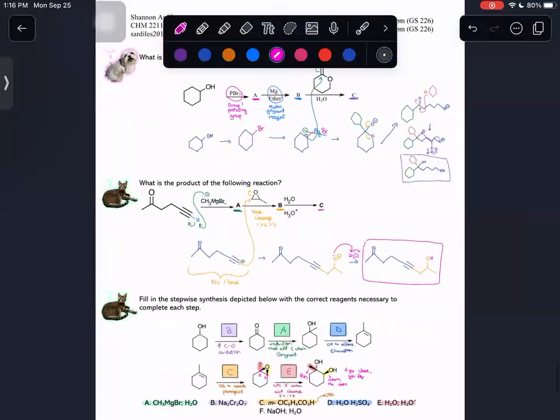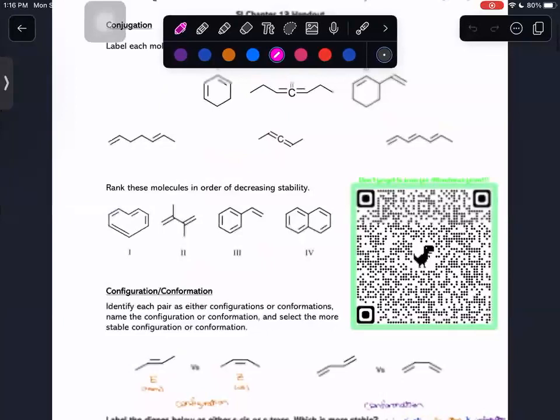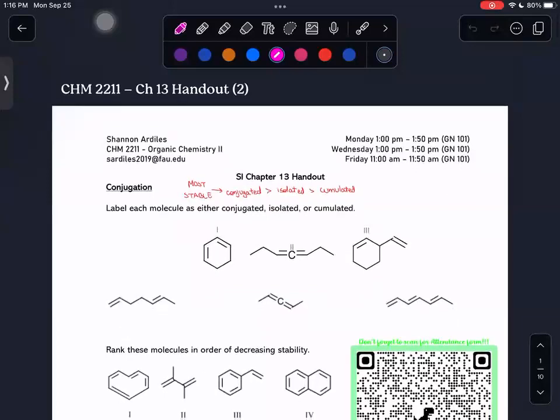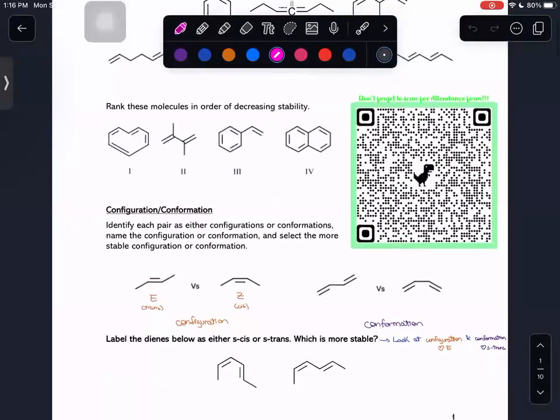Okay. Now, I just went to the chapter 13 handout, so please take a look. They should be posted on their files as IFAL 23. And let's get started with this chapter because it seems like he's gonna go pretty fast this time.